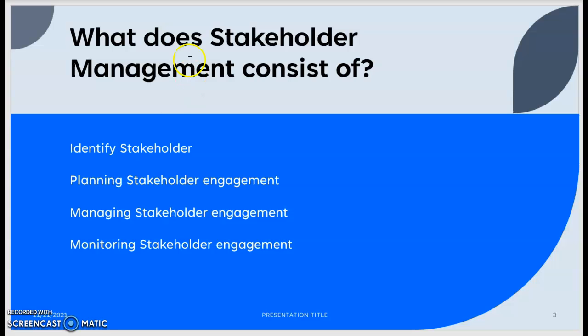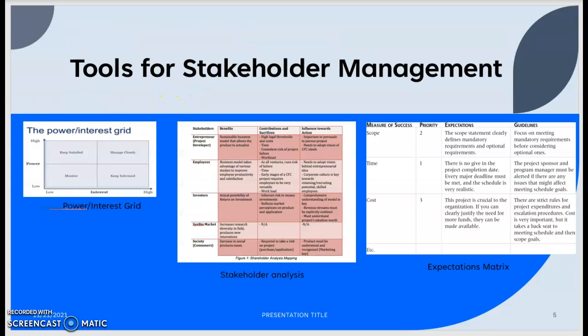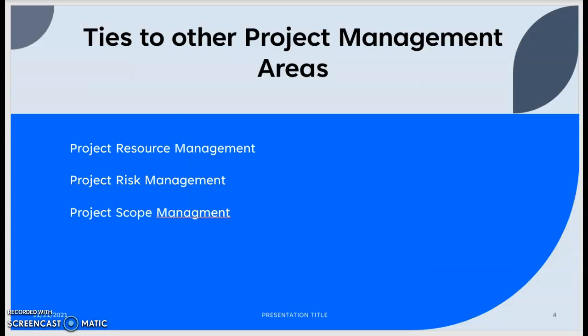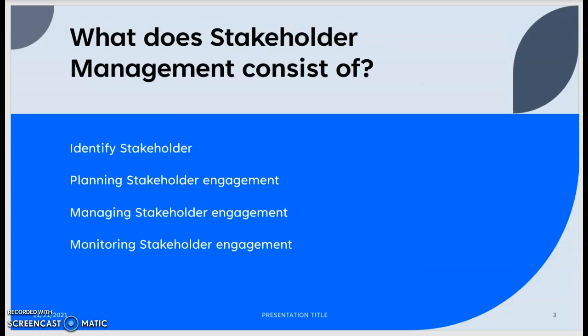Well, I think some of the ways you can do this is by using an expectation matrix. What this is, is a grid. It's made up of four columns: measure of success, priority, expectations, and guidelines, for the most part.